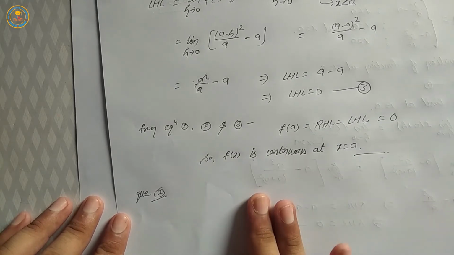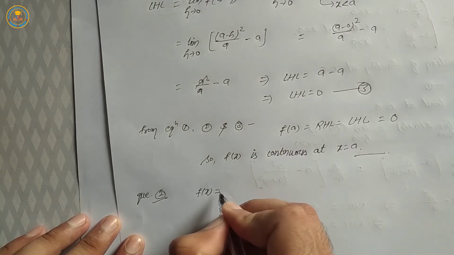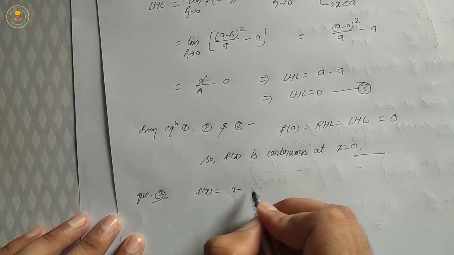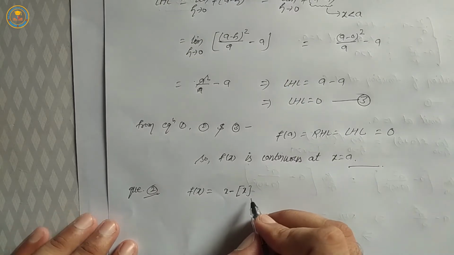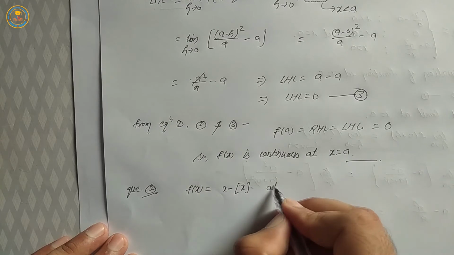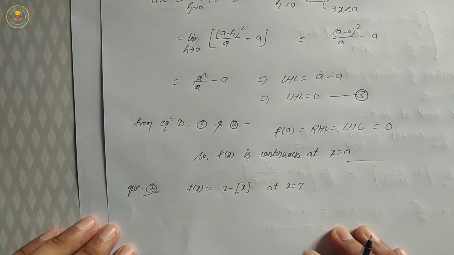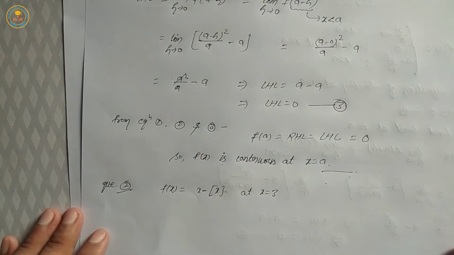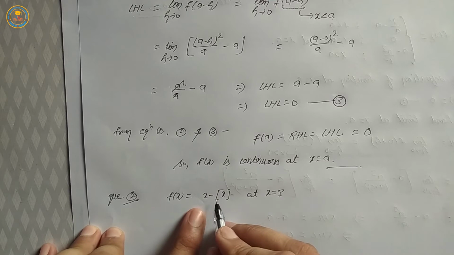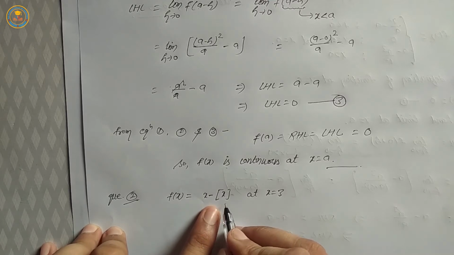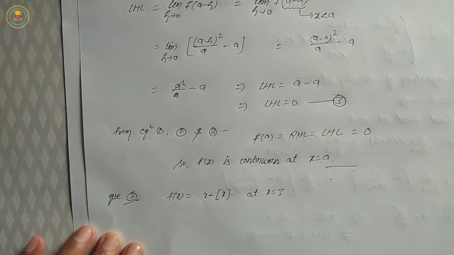Test the continuity of f(x) is equal to x minus the highest integer not greater than x at x is equal to 3. Function f(x) is equal to x minus maximum integer of x at x is equal to 3.